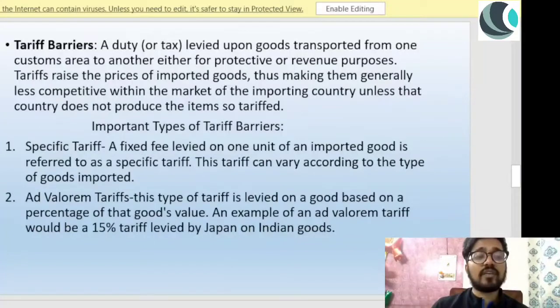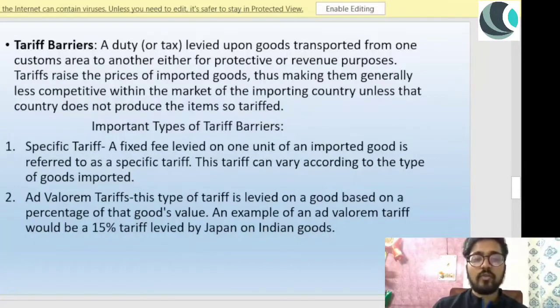So there is percentage tax. We're talking about percentage tax, ad valorem tariff. So basically that good costed $10,000, and now there is a 15% tax imposed on the good's value, right? So now it costs $11,500, right? So these are the important types of tariff barriers.